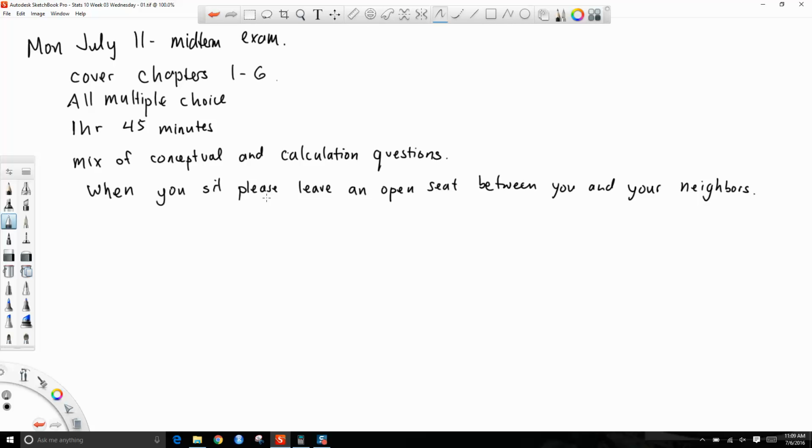Is there still a lab that day? Wait, what's that? Is there still section? Yes, yeah. Section is still scheduled. If you're in the 2 o'clock section, I give you permission to attend an earlier section, but don't all go to the 10 o'clock section because there's not going to be enough seating.